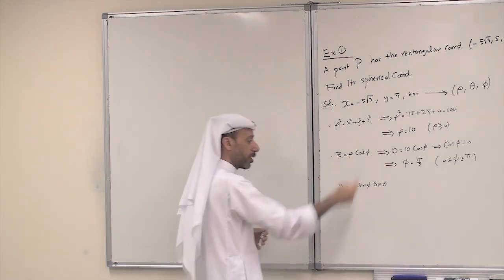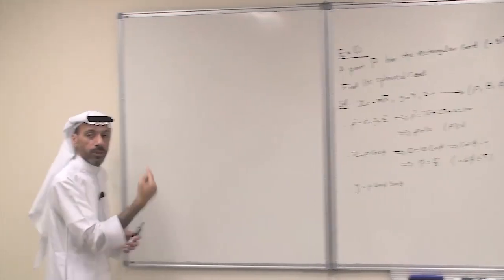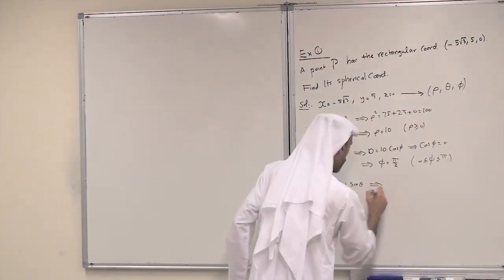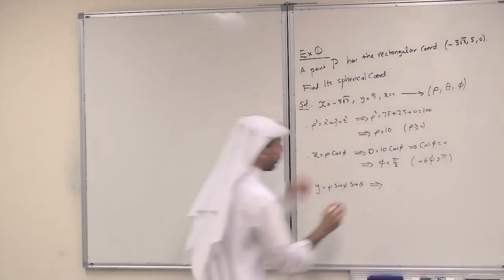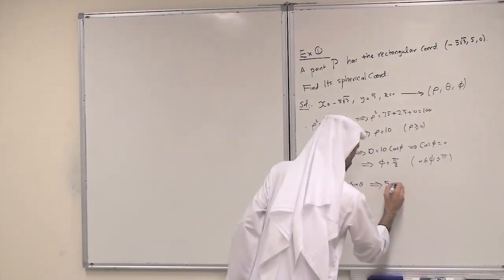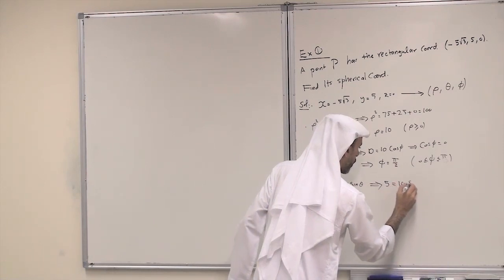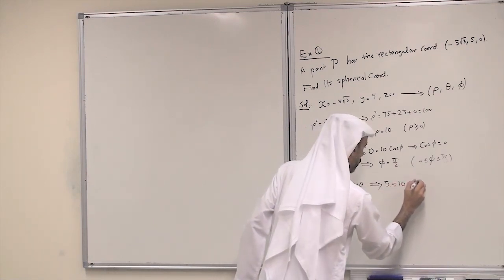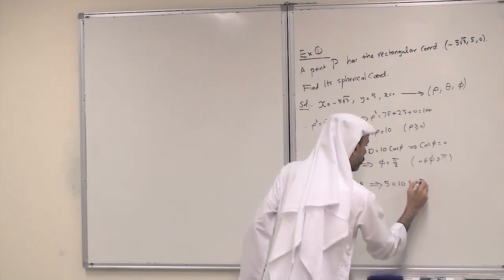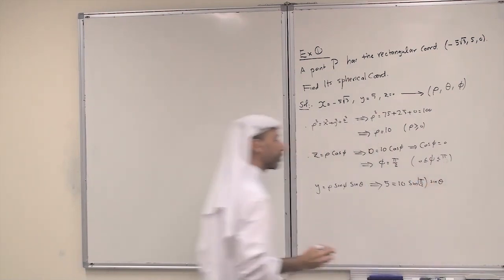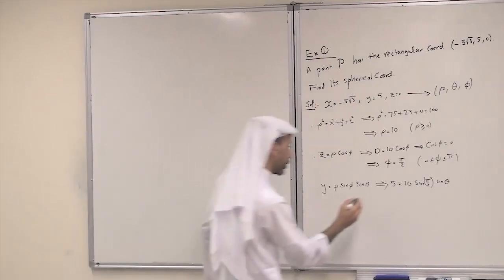So this reduces to one equation in one unknown. So substitute to get theta. y equals 5, rho equals 10, sine phi is sine of pi over 2, times sine theta. This gives us sine theta.